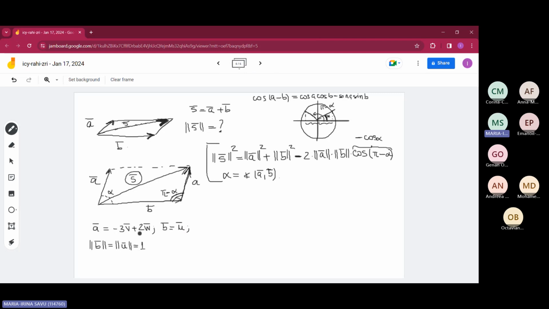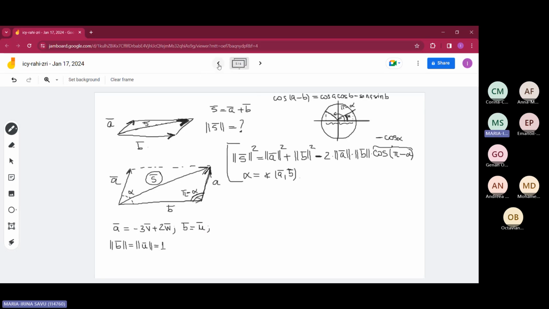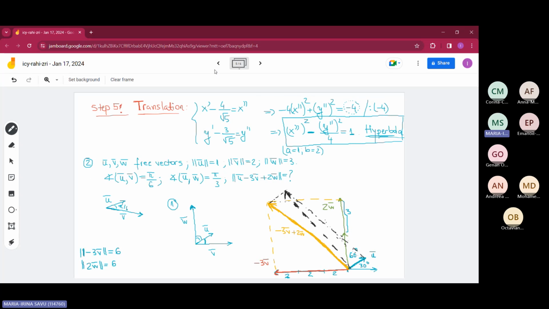Well, you have two methods here. The first method consists of taking a look at this picture and trying to find the angle between 3W and minus 3V. And you know that the angle between them is 90 degrees. So actually the length of this vector is the length of the diagonal of a square.